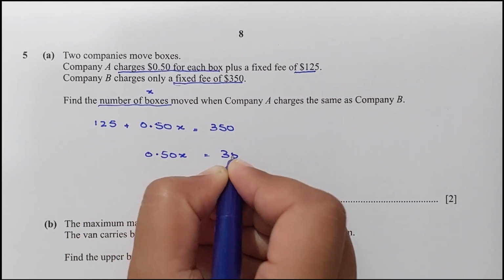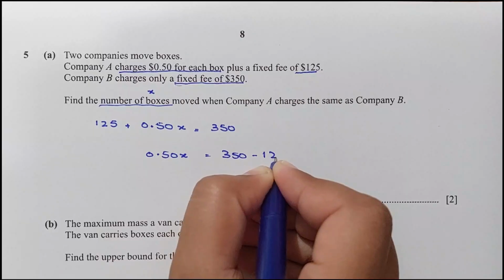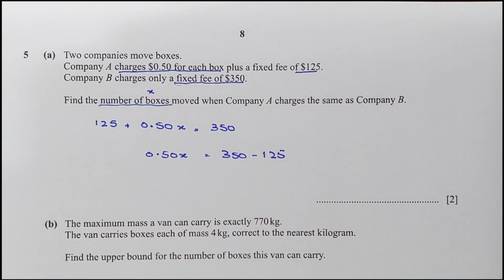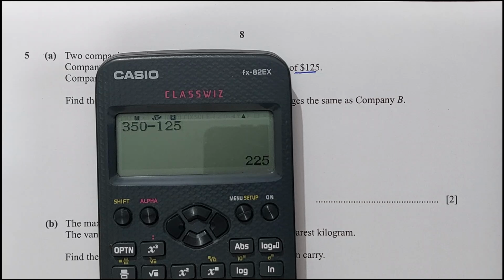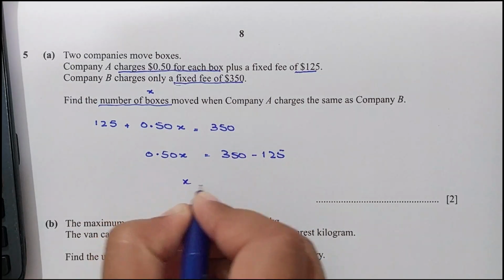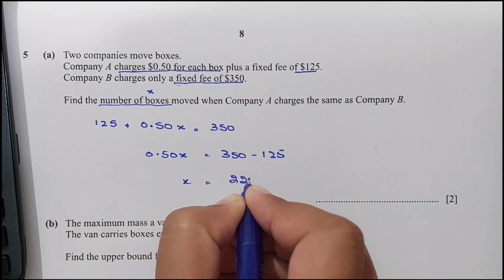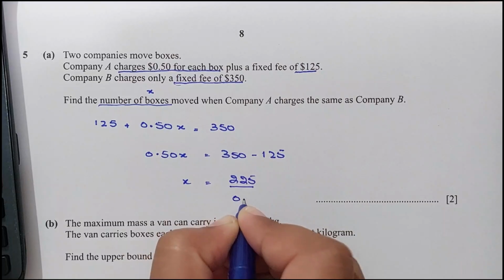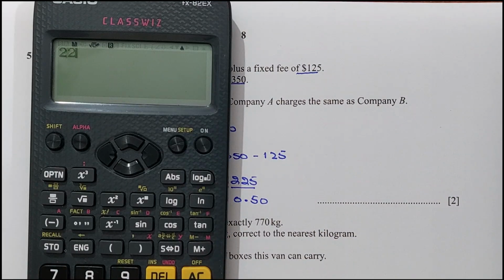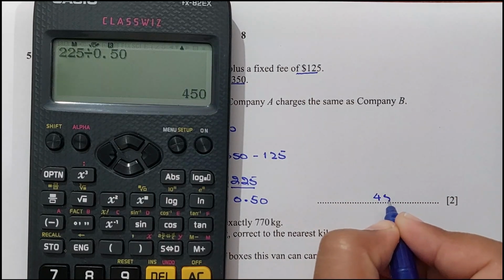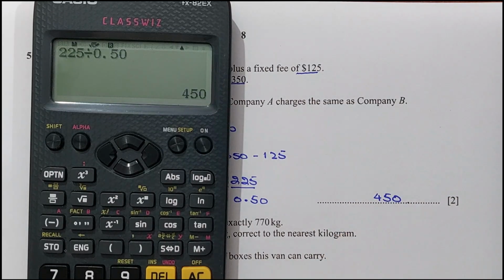From 350 take away 125, 350 minus 125 is 225, so x is 225 divided by 0.50, this is 450, so the number of boxes is 450.